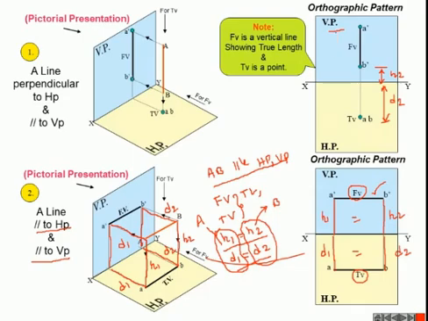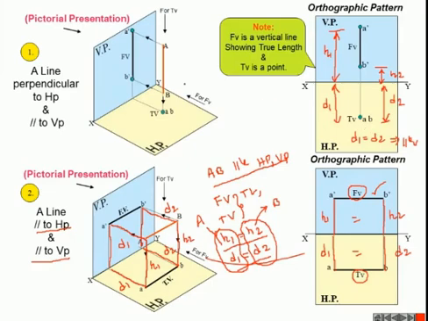The point B is D2 in front of the VP and H2 mm above the HP. Point A is H1 mm above the HP and D1 mm in front of the VP. Here D1 is equal to D2, so that is the condition for parallel to VP.